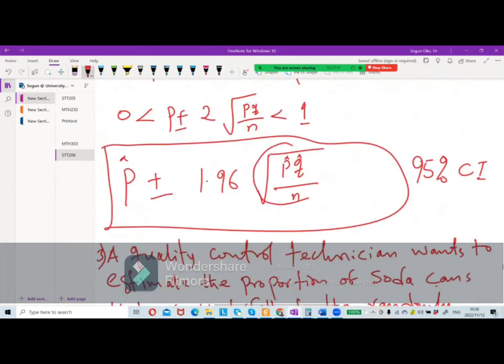The square root covers everything. So what you do in this case is multiply P and Q first, divide it by n. Now find the square root of the answer. Then the answer you get there, use it to multiply the 1.96. Okay, sir. Thank you.